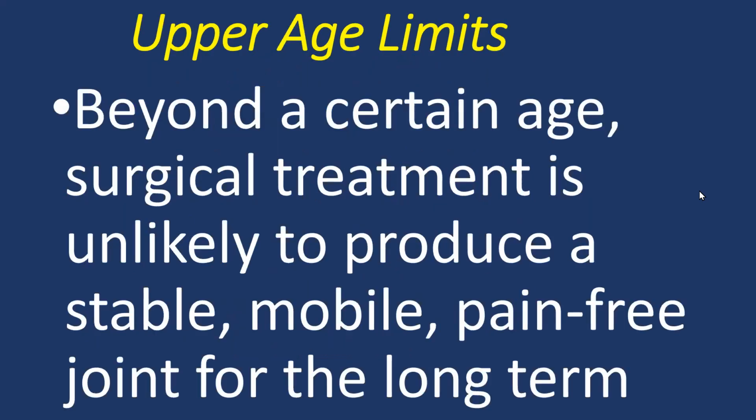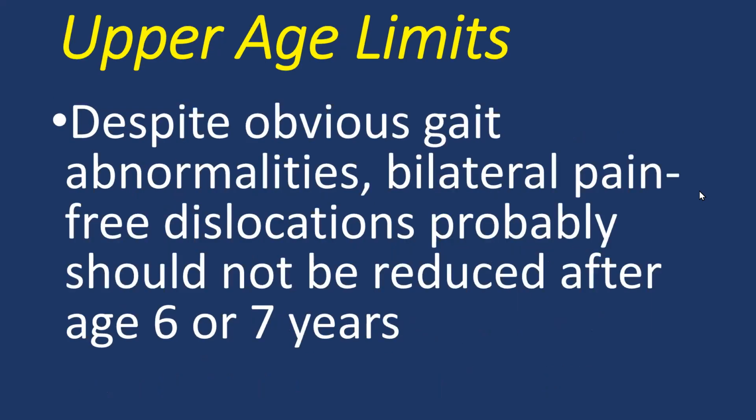Beyond a certain age, surgical treatment is unlikely to produce a stable, mobile, pain-free joint for the long term. Despite obvious gait abnormalities, bilateral pain-free dislocations probably should not be reduced after the age of 6 to 7 years.